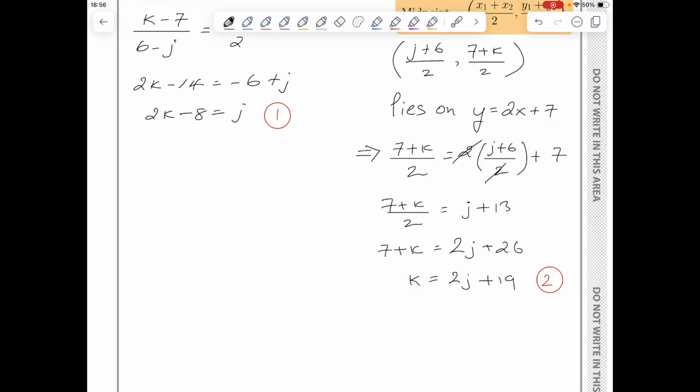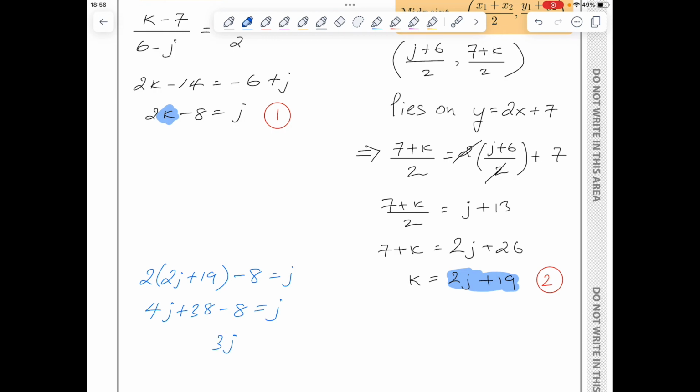I will solve this by substitution, and I'm going to substitute k in the first one by 2j plus 19. So 2 times (2j plus 19) minus 8 is equal to j. Expand the brackets. 4j plus 38 minus 8 is equal to j.